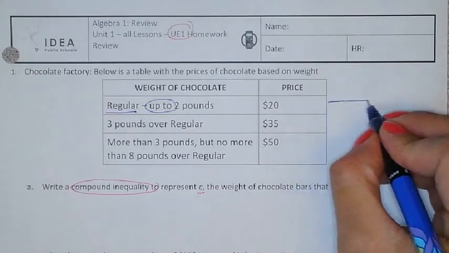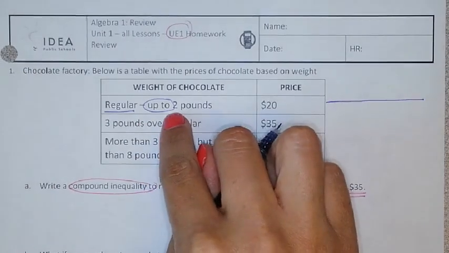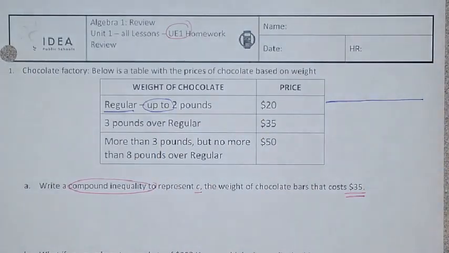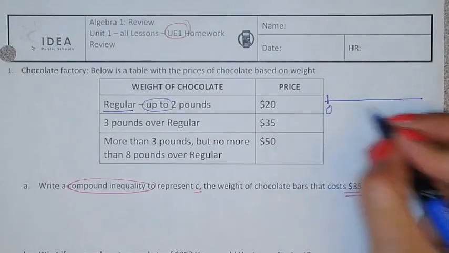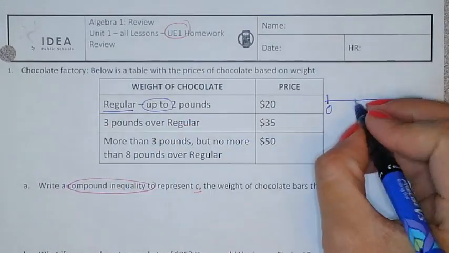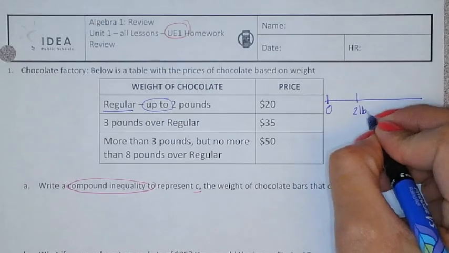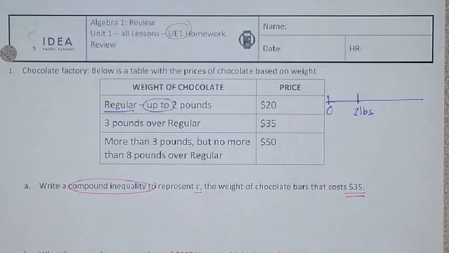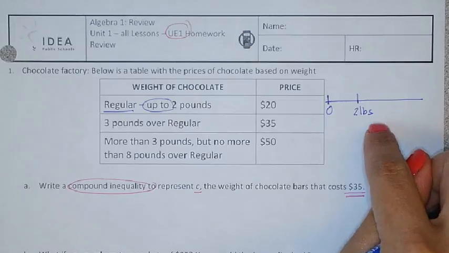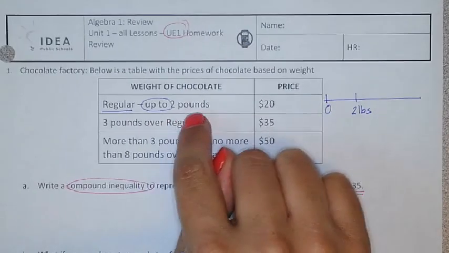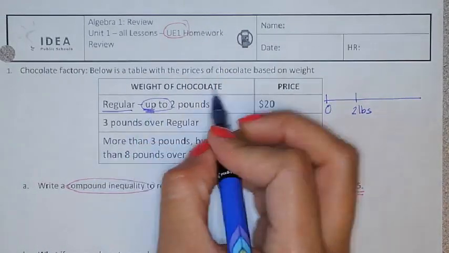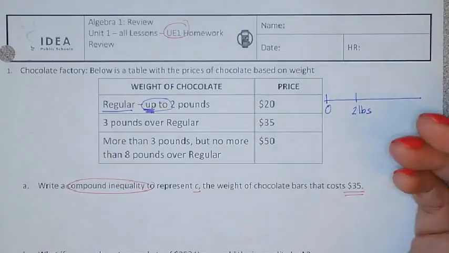I'm going to draw a graph here, and we're talking about weight in pounds of chocolate you're going to buy, so obviously you cannot buy negative amounts of chocolate. So we're going to start this with a 0. So up to 2 pounds, let's say 2 pounds is here. Okay, and so from 0 to 2 pounds, I'm going to pay $20. That's what this means. Now when it says up to, it means that 2 pounds is included.